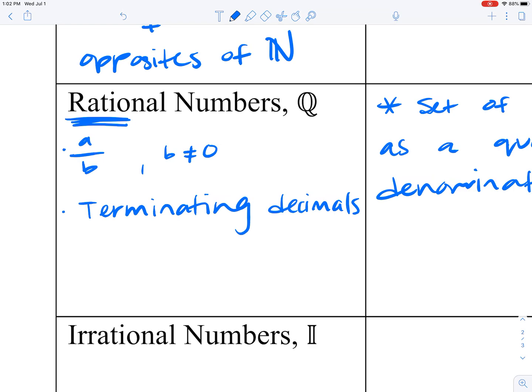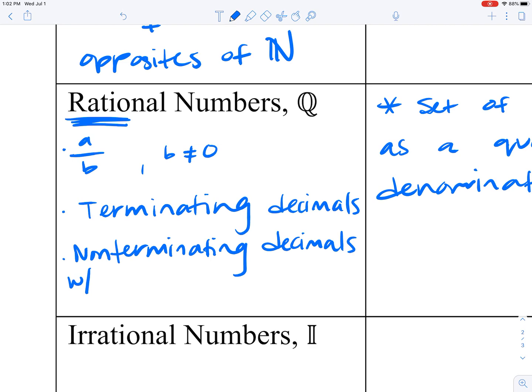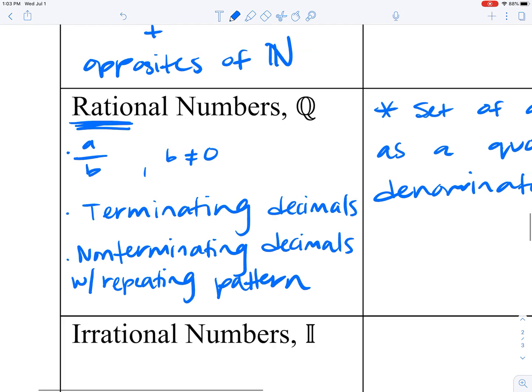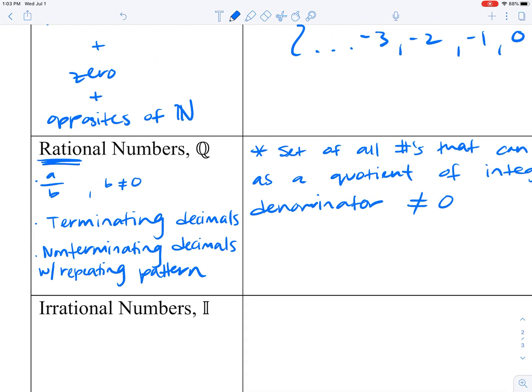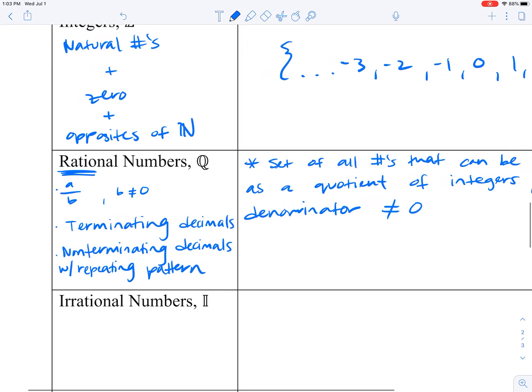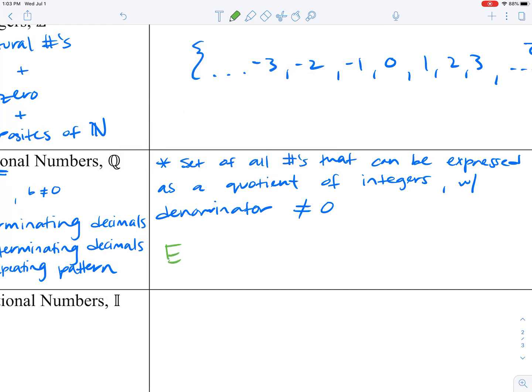So that also includes terminating decimals, decimals that stop, like 0.5, 0.175, as well as non-terminating decimals that have a repeating pattern, like 0.6666, so 0.6 with the line over it.